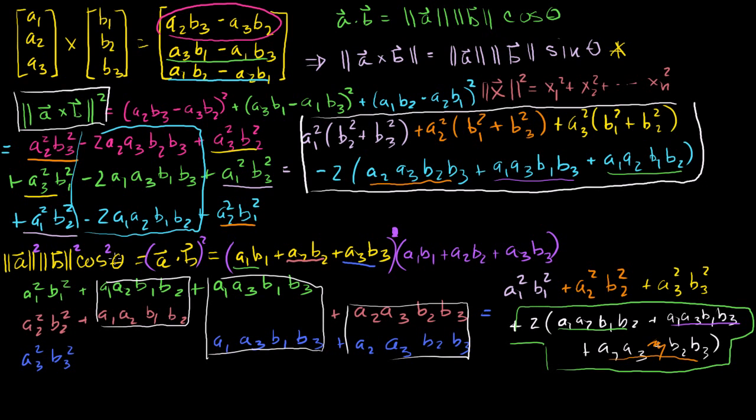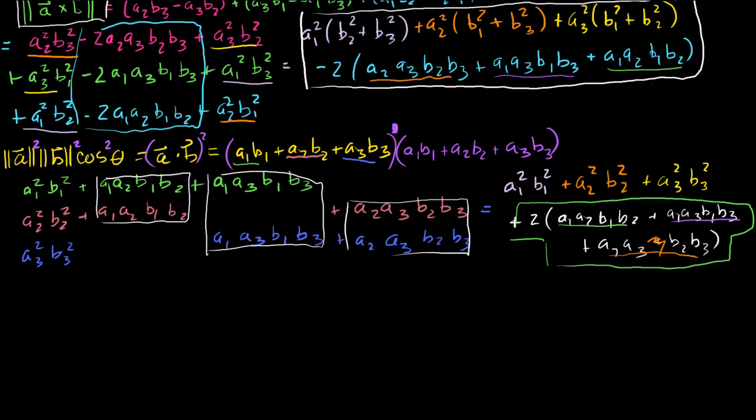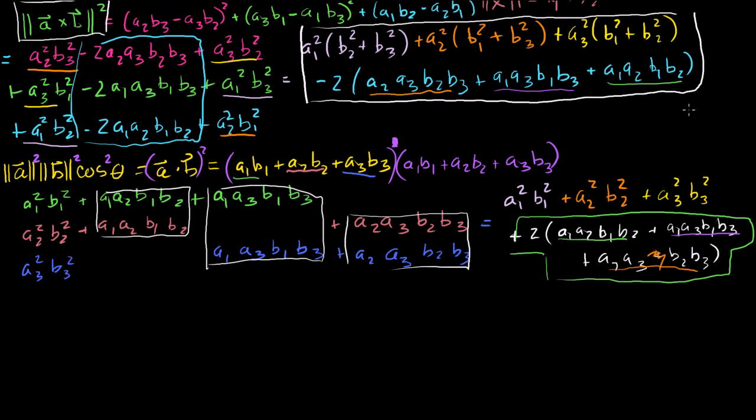And this expression, when we expanded it out, we have positive 2 times this. And this term right here, when we expanded it out, we have minus 2 times this. So let's see if we can simplify things a little bit. What happens if we add this guy to this guy? Let's do it. So it's a little exciting.